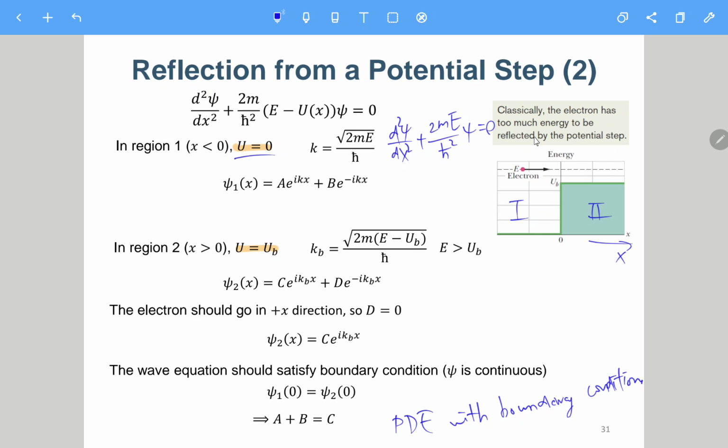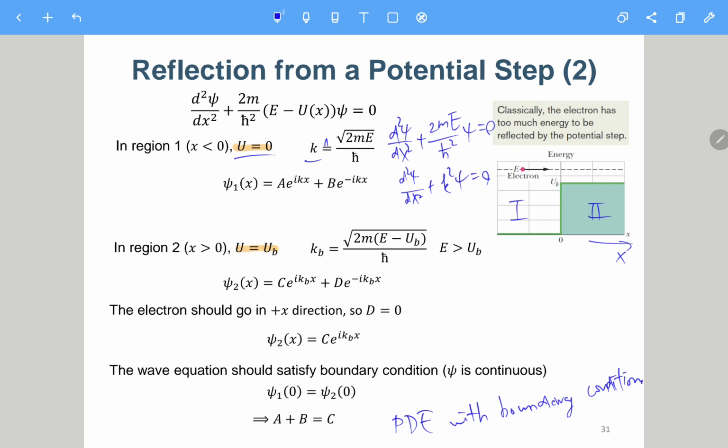Here we define k to be square root of 2me over h bar. So this becomes d2 phi dx2 plus k square phi equals 0.